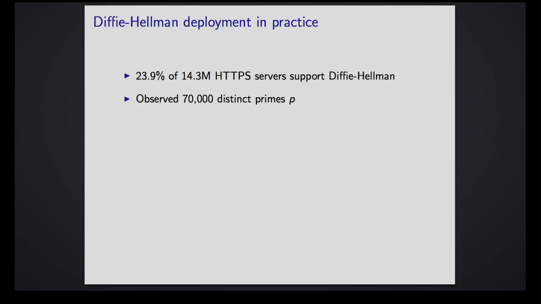The most commonly used ones were generated by, say, Apache and OpenSSL, and groups like that. If you install some common server software, it will often come with some prime baked in. There are also a few groups that were generated in the 90s. They're called the Oakley groups.